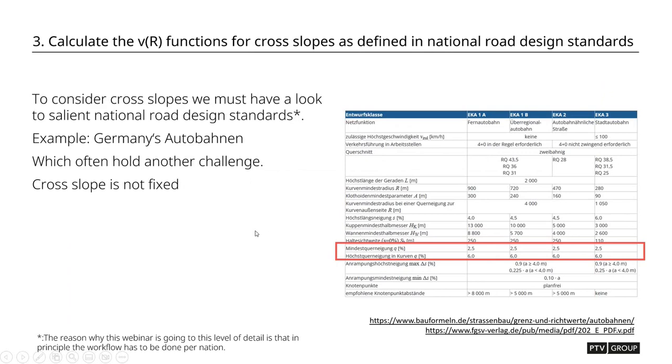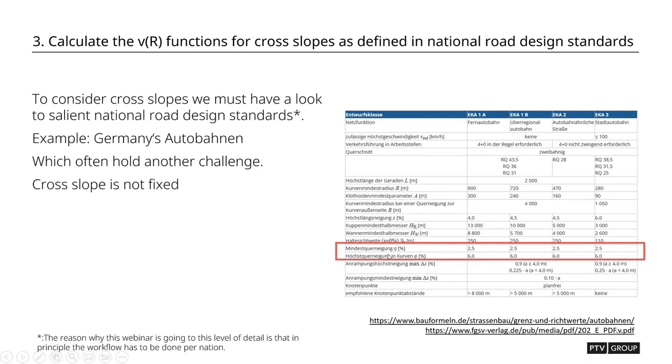Good. Now we have another problem. I showed you before that for one and the same class of roads, category of roads, different cross slopes are being used. So for the highest design category of Autobahn in Germany, the cross slope varies between 2.5 and 6%.